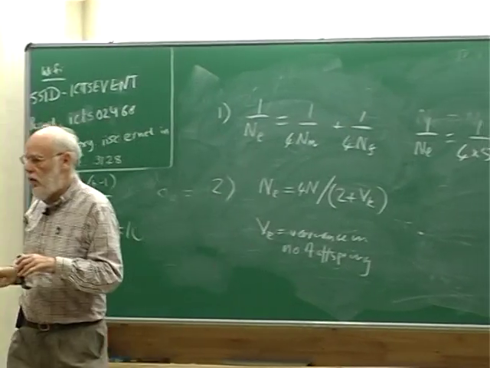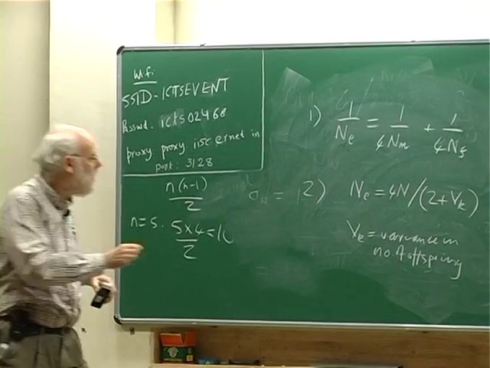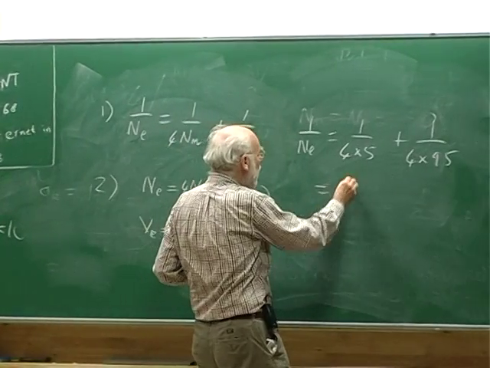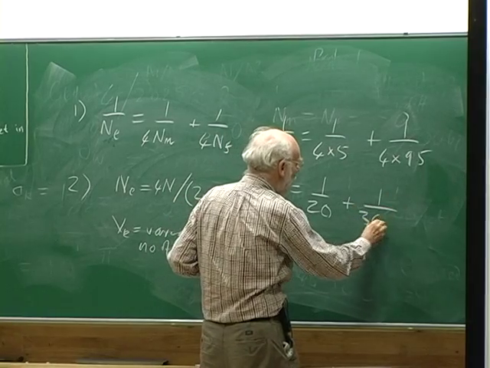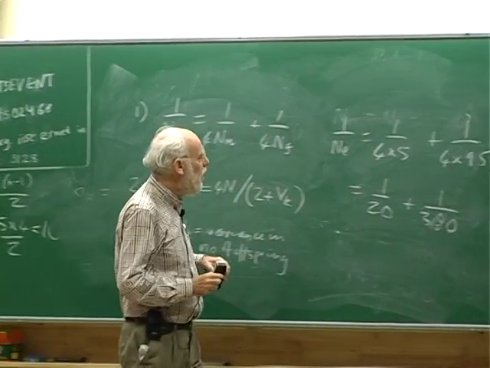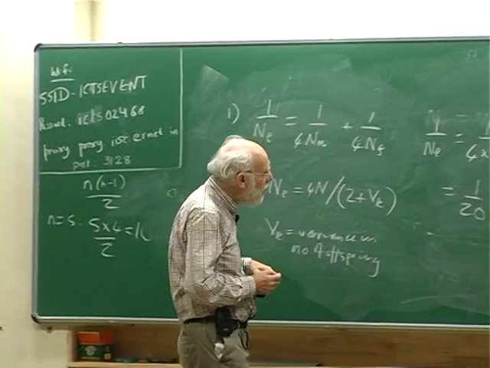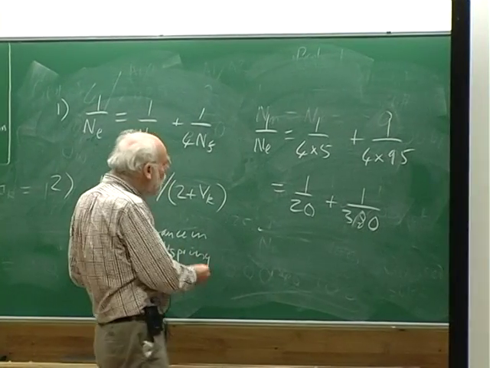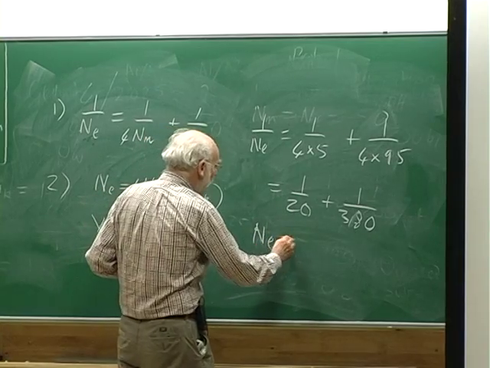That gets a bit difficult. So that's 1 over 20 plus 1 over 380. Right? 4 times 95, 4 5s are 20, 4 9s are 36, so 1 over 380. So we then have to turn that upside down to get NE.